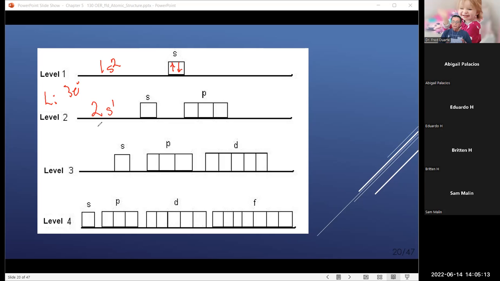Lithium has 1 electron in the second energy level, the outermost shell. If you look at sodium, which is right below it, it also has 1 electron, but it happens to be in the 3s1 level. And that is why everybody is in that column.